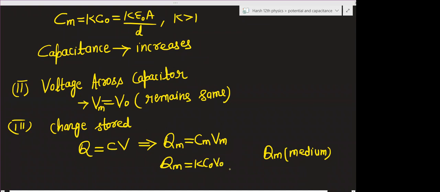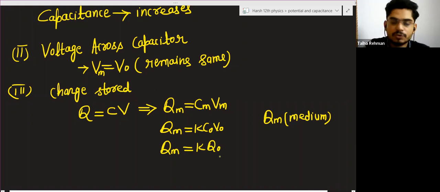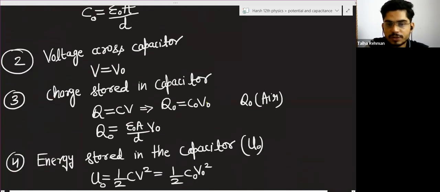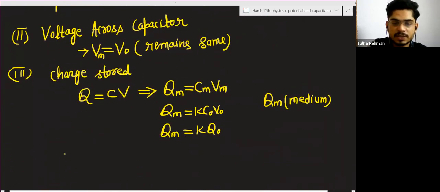So charge Qm equals K C naught V naught, which is K times Q naught, since Q naught equals C naught V naught. Here, what can you say about the charge? Charge will increase or decrease? Charge will increase.